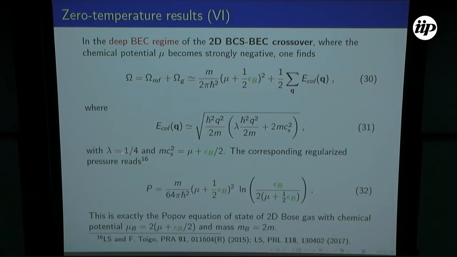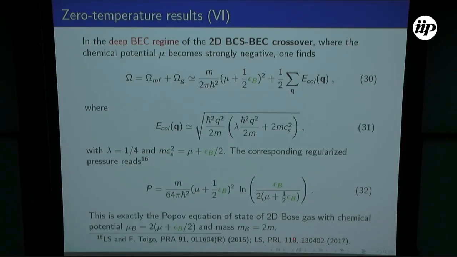This lambda is 1/4, and this c_s is practically the speed of sound. And in the deep BEC regime it is related to the chemical potential, to the binding energy, by this formula. You can prove it. And after the regularization, dimensional regularization, the details can be found here and also in here.